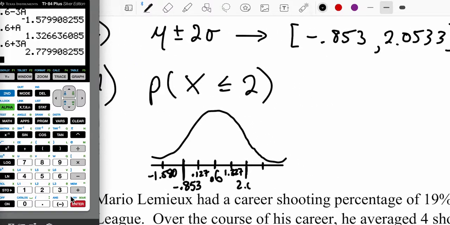Then 2.0533 from the previous problem, and from this calculation, 2.780. So less than or equal to 2 is going to be somewhere in this neighborhood.